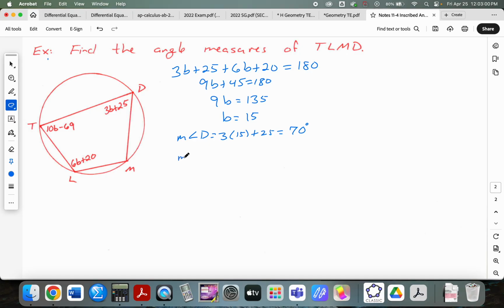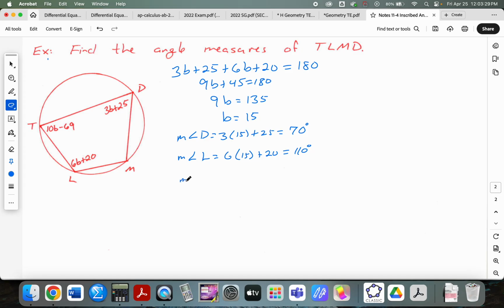The measure of angle L will be 6 times 15 plus 20, which is 110. What do these two angles add up to? 180, which is what we said all along. This is a good place to double check yourself. Make sure you didn't make a mistake in the algebra.